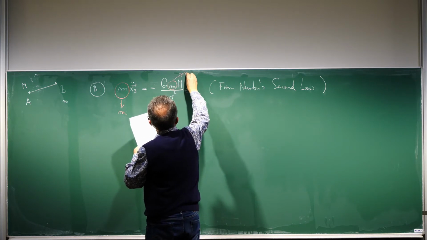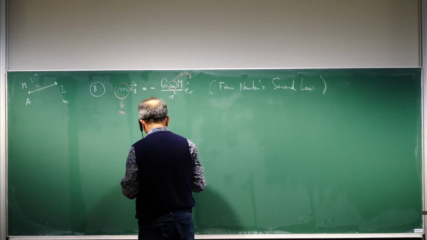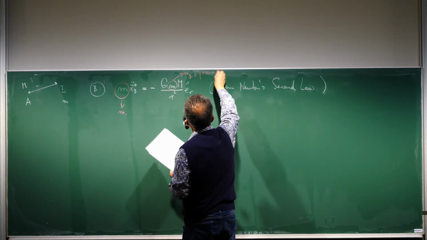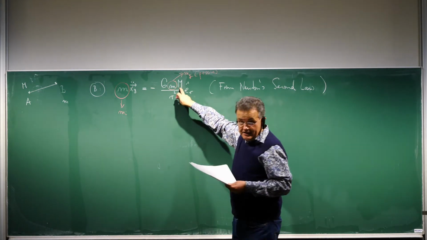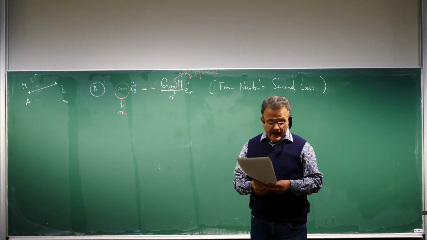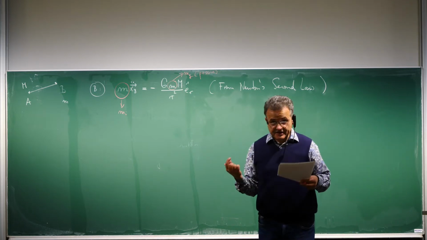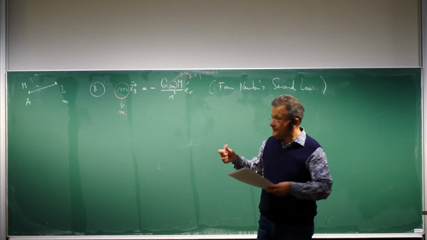So this we can call the mass mg, the gravitational mass, actually the passive gravitational mass, while this here, the capital M, is called the active gravitational mass, because this is the mass that attracts body B in this picture.